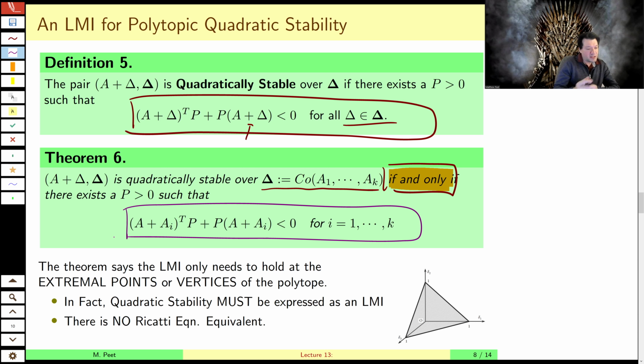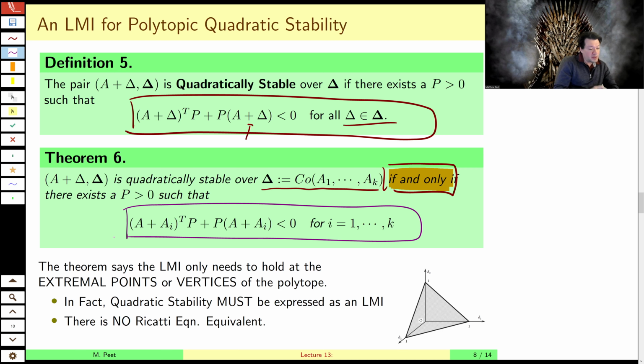Polytopic and interval uncertainty is really the easiest form of robust control to understand and interpret. It has limits, but within them it does very well, with relatively little conservatism.